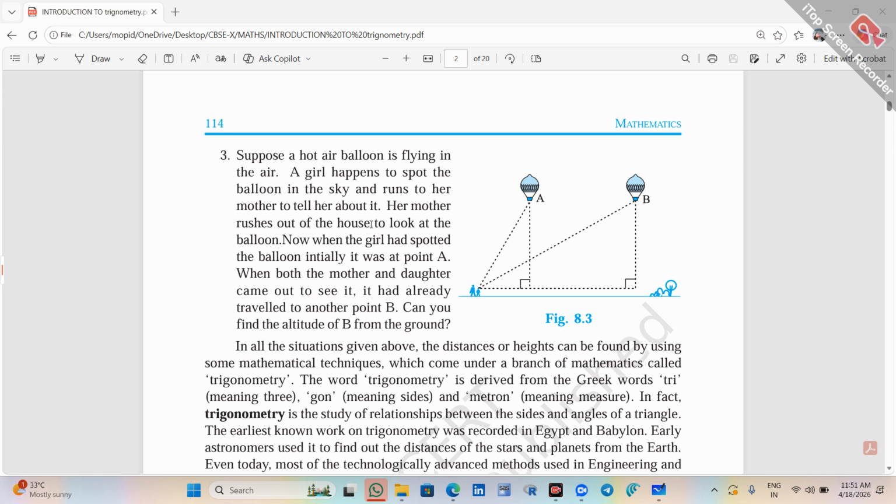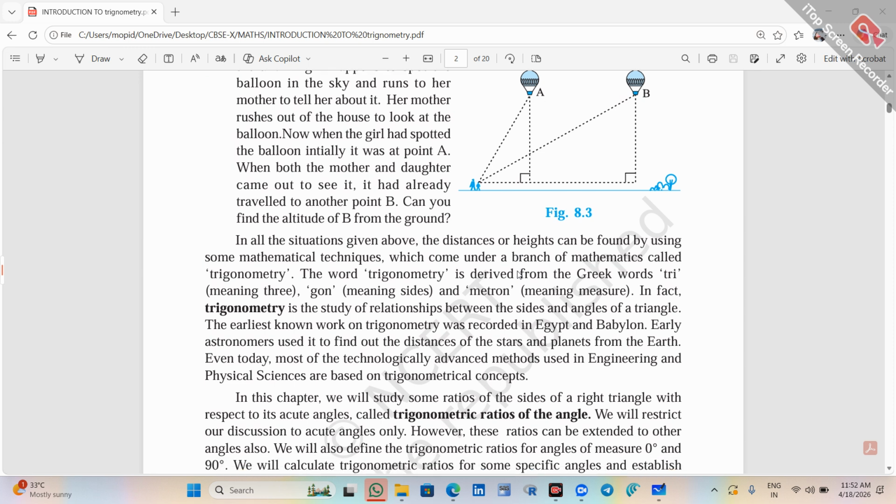Her mother rushes out of the house to look at the balloon, and when the girl had spotted the balloon, initially it was at point A. When both the mother and daughter came out to see it, it had already traveled to another point B. Can you find the altitude of B from the ground? See here, we can find the height of the balloon from the ground, and also we can find the distance. In this way trigonometry is useful.